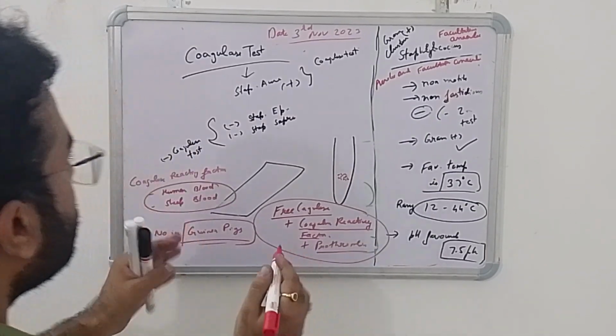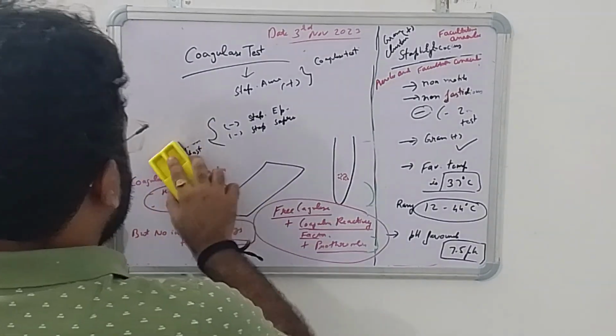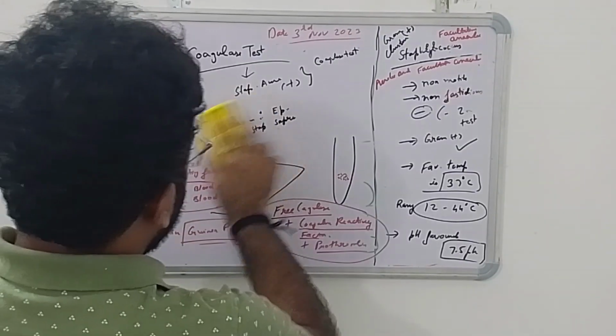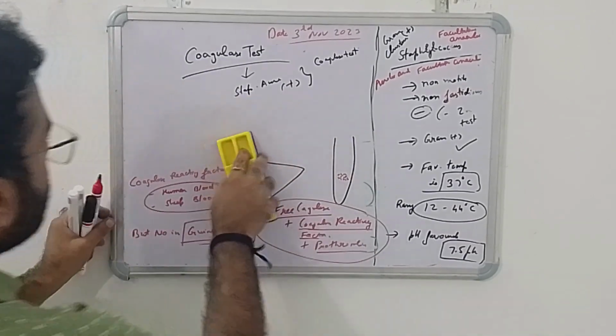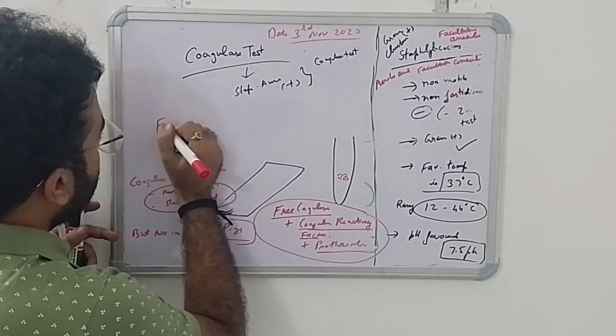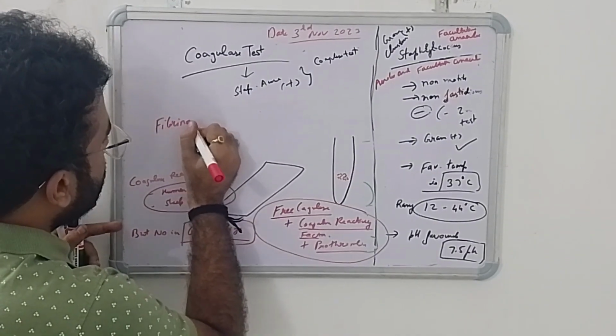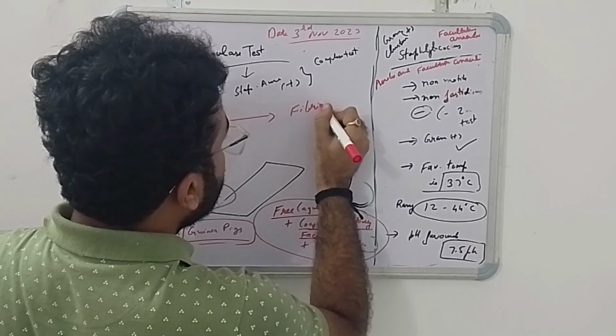Now what will occur? This three-way combination causes fibrinogen conversion into fibrin, causing clotting.